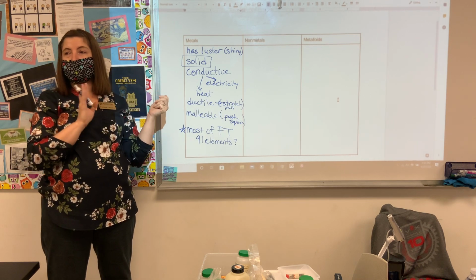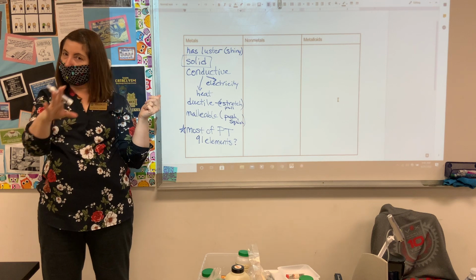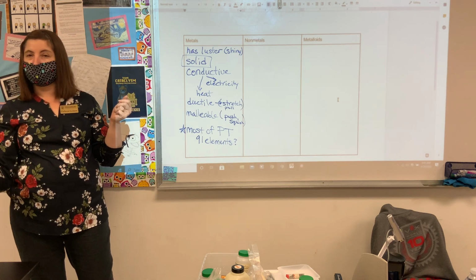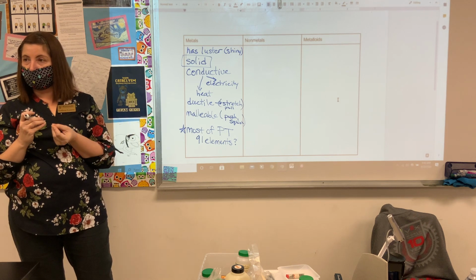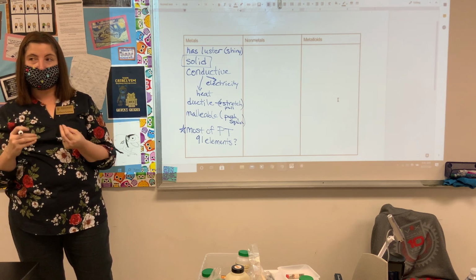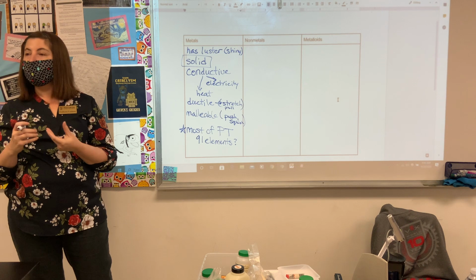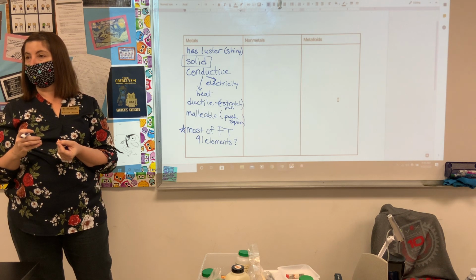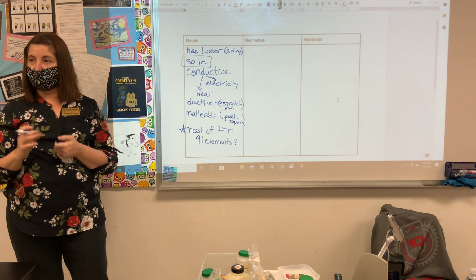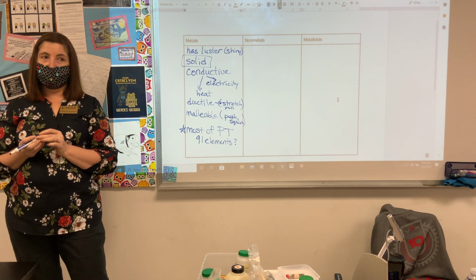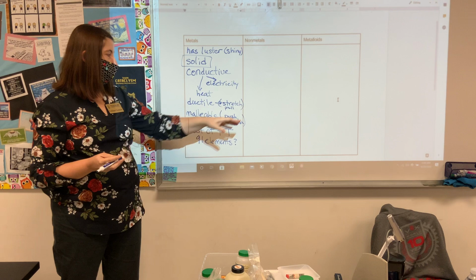So that's next chapter. We're not worried about that quite yet, but it was a really great question. If we combine different elements, we don't get a new element, but we will get a new material, which may be a compound, an alloy, or something else.